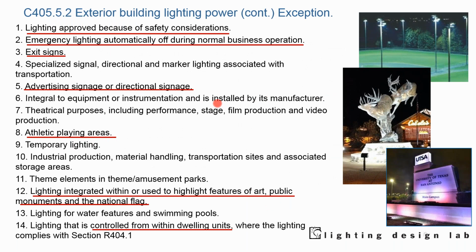So all these exterior exceptions, we're not going to go through them all, but lighting improved for safety, emergency lighting, exit signs. But then we have advertising and signage, athletic play areas, lighting integrated with or used with highlight features of art, public monuments, national flags, and then lighting, as we mentioned earlier, controlled from within dwelling units.